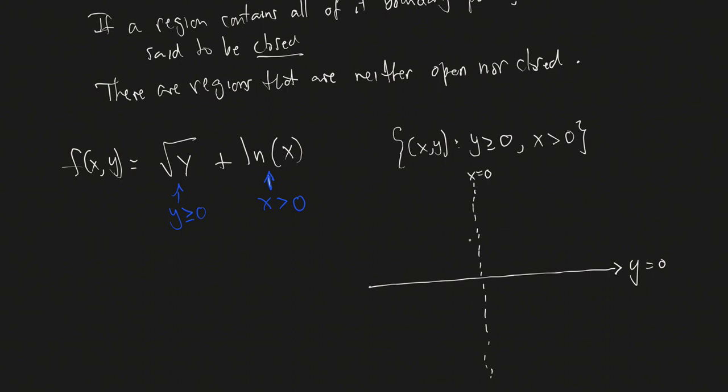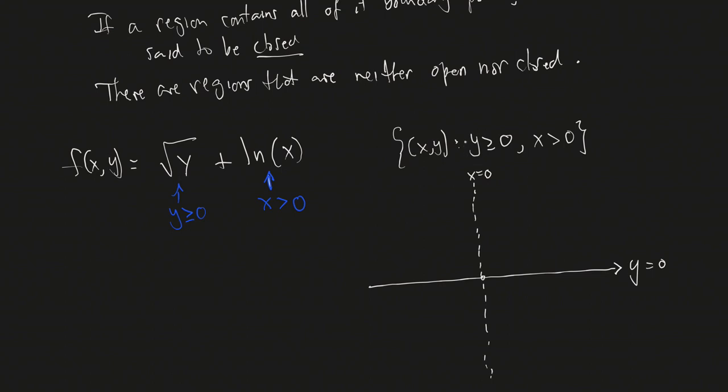So we use dotted lines for boundaries that are not included, and solid lines for boundaries that are. And in fact, there would be a hole here at the origin, right? Since x has to be strictly greater than 0, that would be everything to the right of this vertical line.